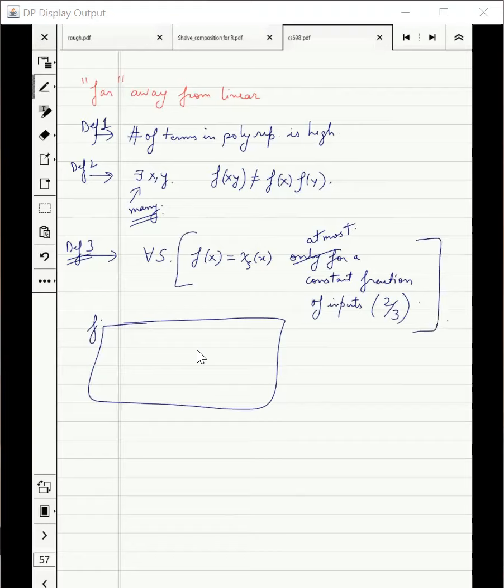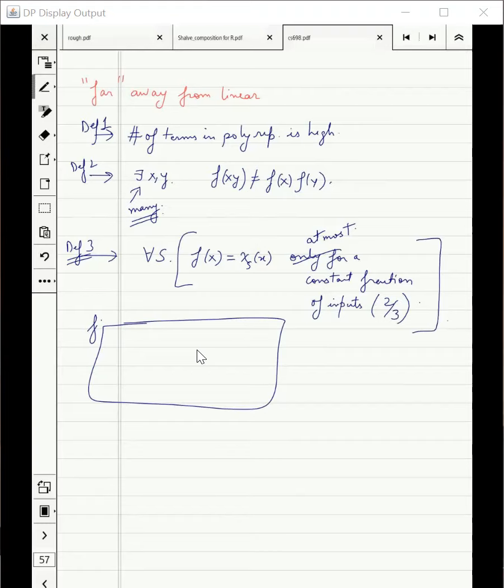You're saying the definition of a highly non-linear function is for all s. So if f was a linear function, it would still follow this definition, right? No. That's why I put a bracket.